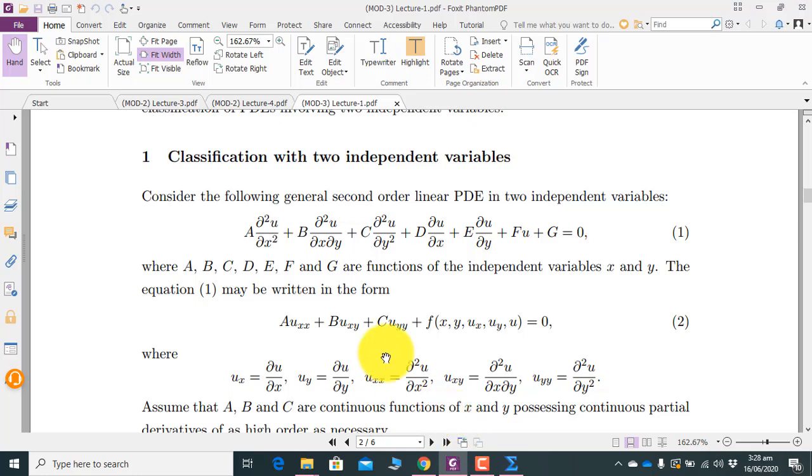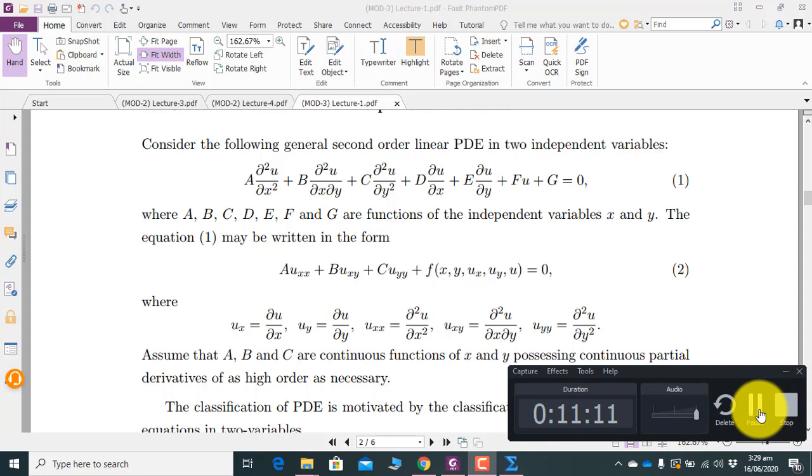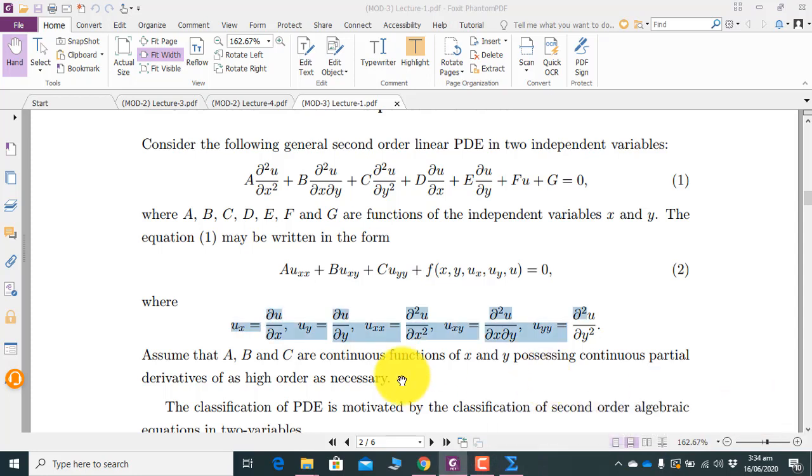You can see on the lecture slide that A, B, C, D, E, F, G are functions of the independent variables x, y, which we have written, and they are continuous with partial derivatives. So I was telling you that A, B, C, D, E, F, G are continuous and their partial derivatives also exist and are also continuous.